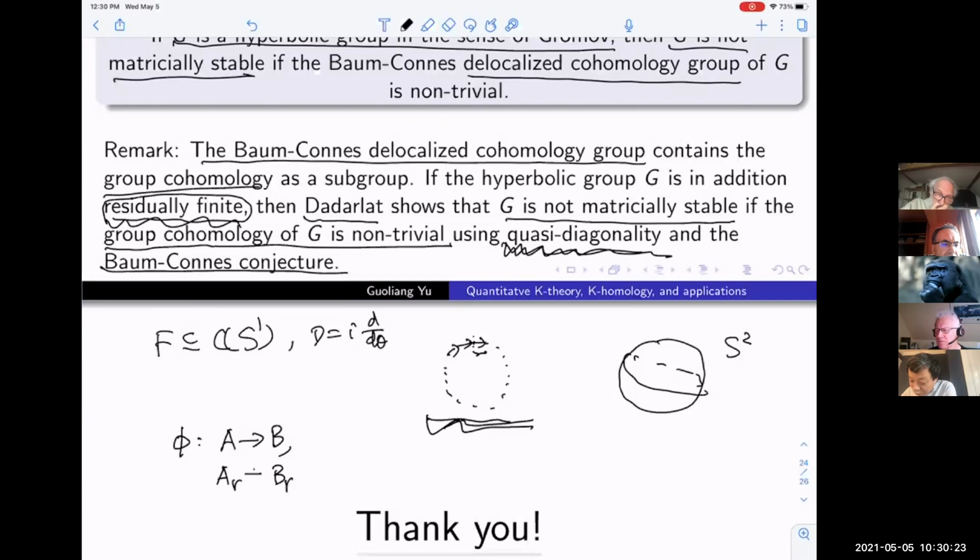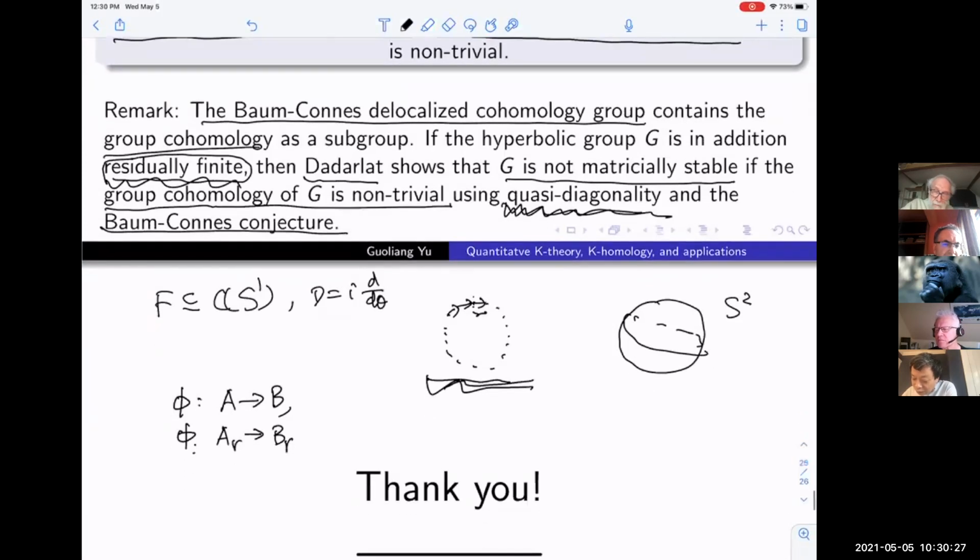If it exactly respects the filtration, then you have a homomorphism. But if you sometimes need to make the R slightly bigger, then you have an asymptotic homomorphism. So you do have functoriality in that sense.